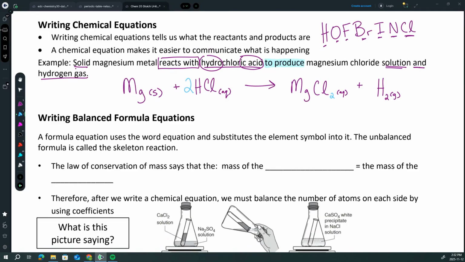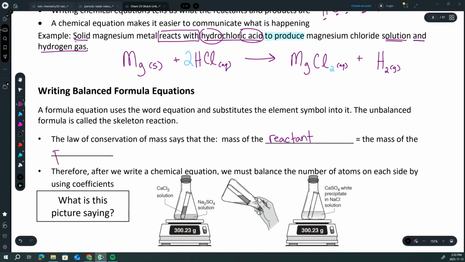The reason we have to make sure that we have the same amount of each element going into the equation and coming out is because of the law of conservation of mass, which says that the mass of the reactants is going to be equal to the mass of the products.